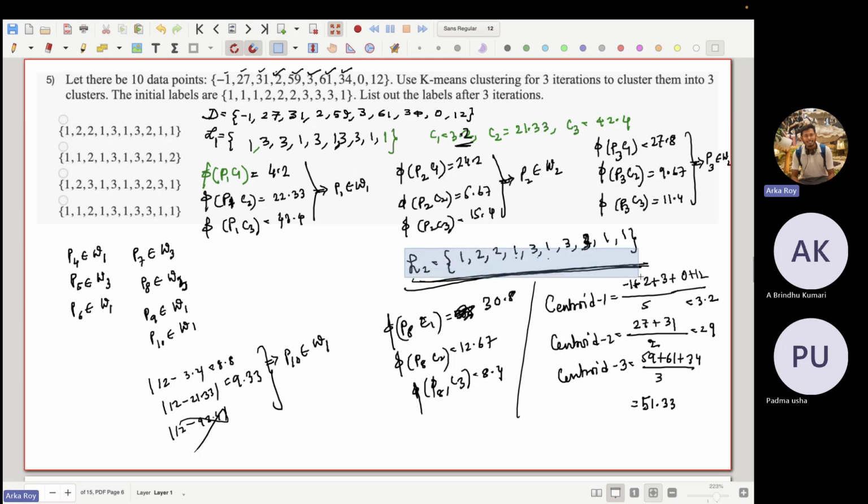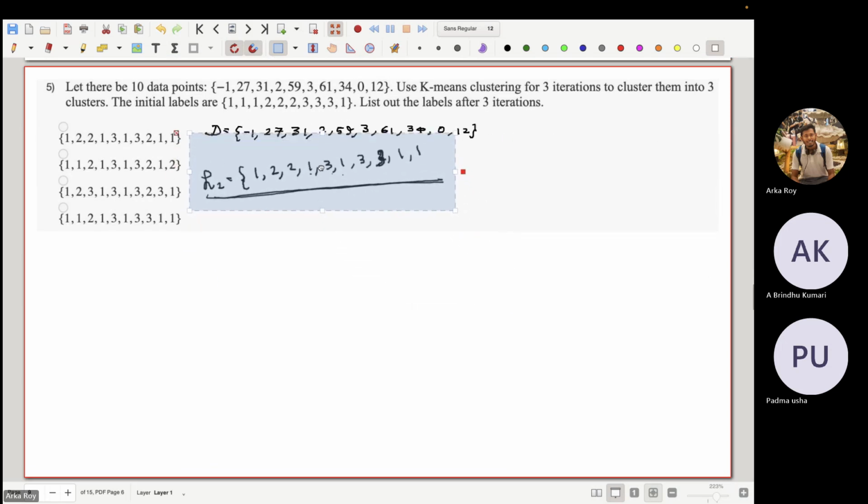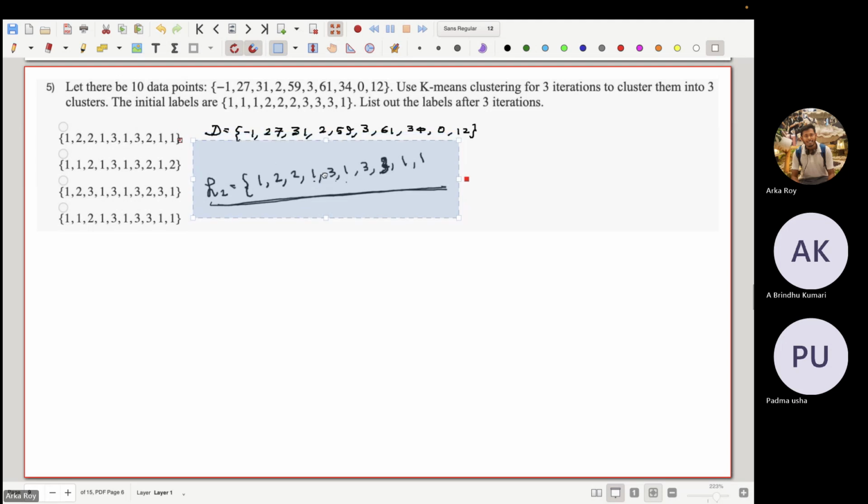So let me just copy the label part. Very monotonous.